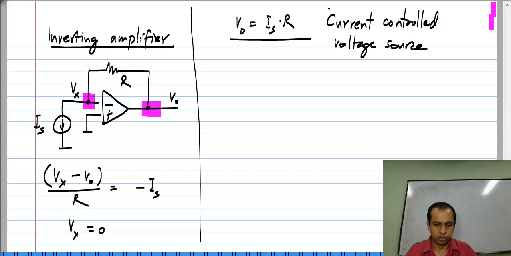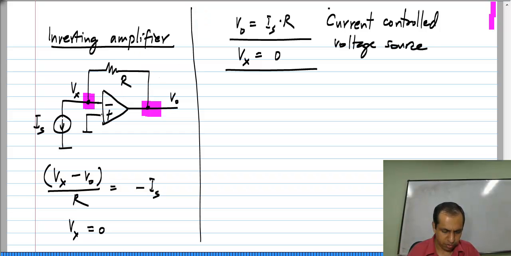Okay. So, the solution to this is V naught equals I s R, and of course, V x equals 0. The inverting terminal of the op amp is at 0 volts. Okay. So, now, as I said, it is a current controlled voltage source.